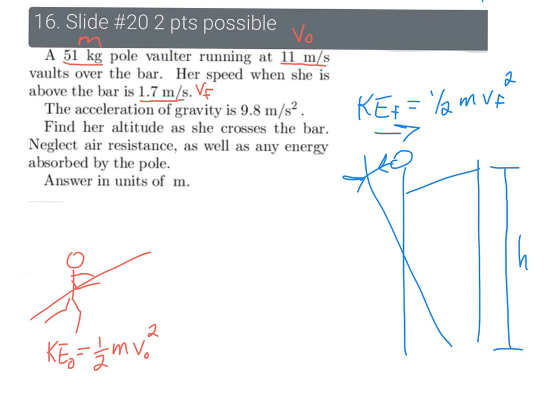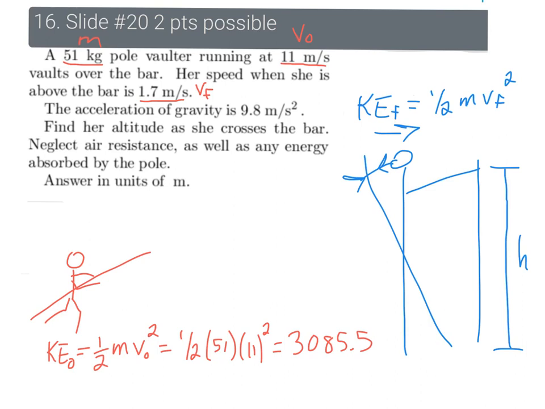So the original kinetic energy that we started off with would be 1/2 of 51 multiplied by my initial velocity, 11, squared. And that gives me 3,085.5. So that's how many joules of energy we start off with.